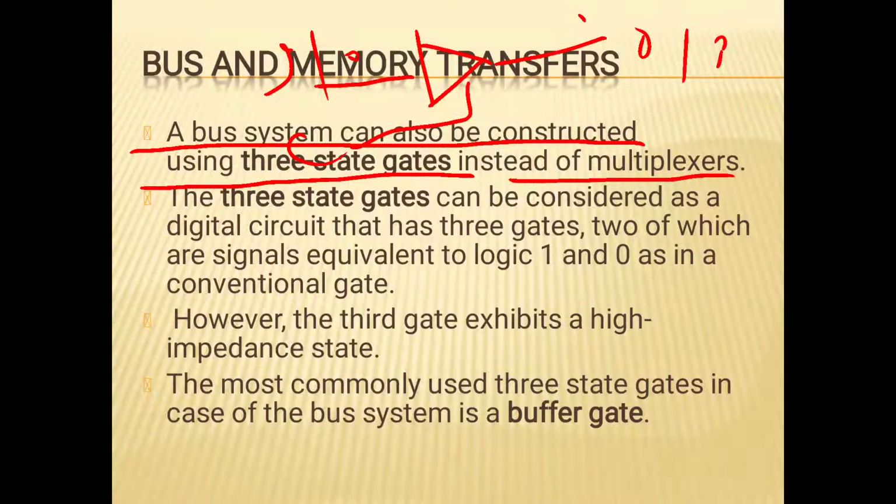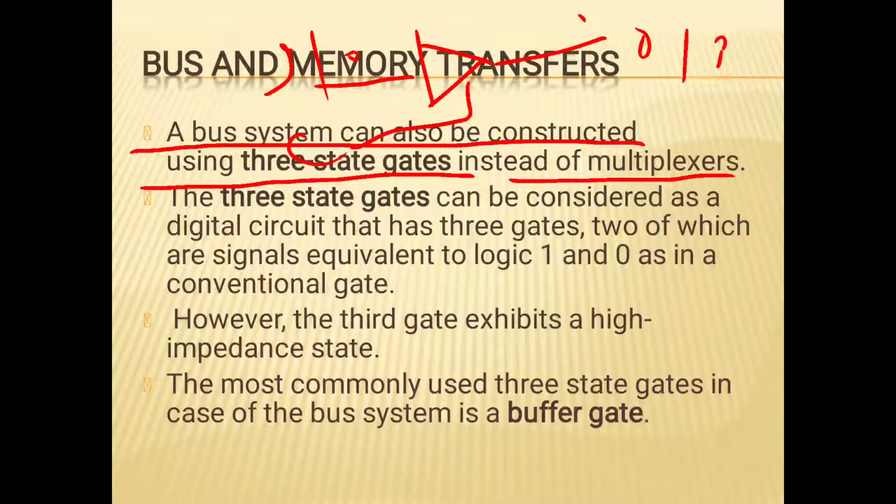Whenever its control signal is 1, it means the output is logically connected with the input, and whenever c equals 0, it means the output is totally disconnected from the input and in the high impedance state.